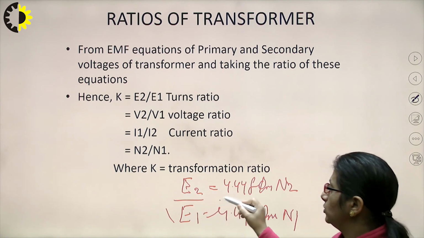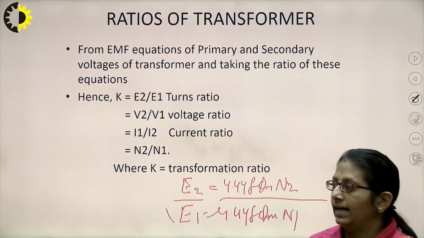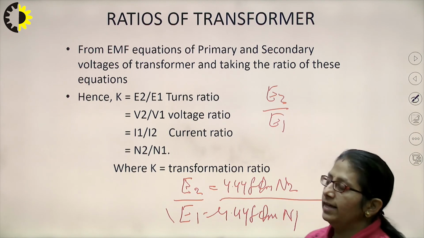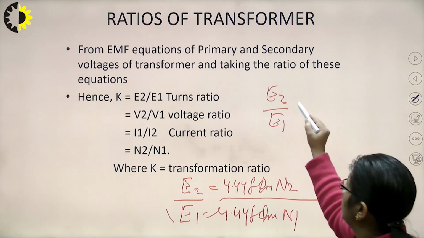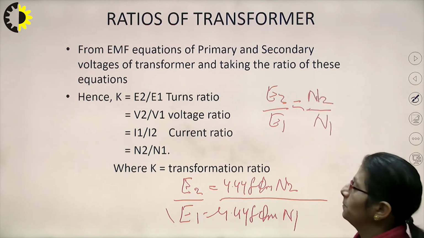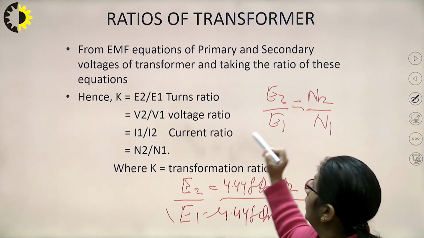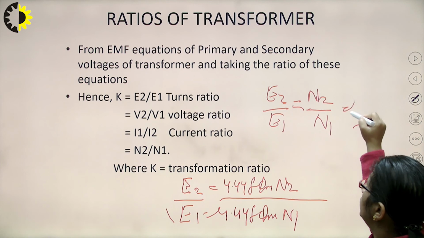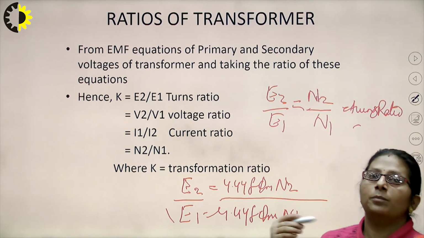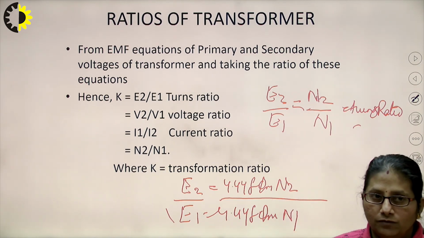If I take the ratio of these two, I can very conclusively say that E2 upon E1, what we call the voltage ratio, must be equal to, with everything else cancelled, just N2 by N1. This N2 by N1 is what we call the turns ratio, which is the ratio of the secondary number of turns to the primary number of turns.